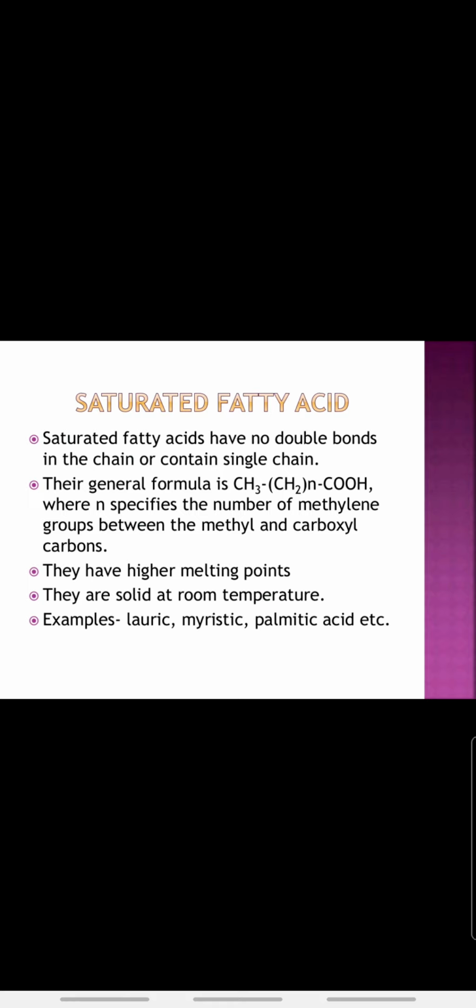So that is one common saturated fatty acid. So that is the definition and the function of palmitic acid.